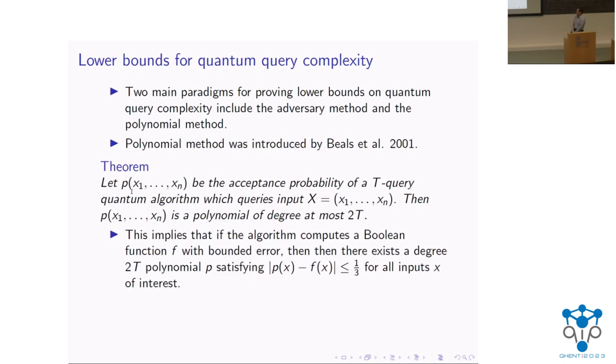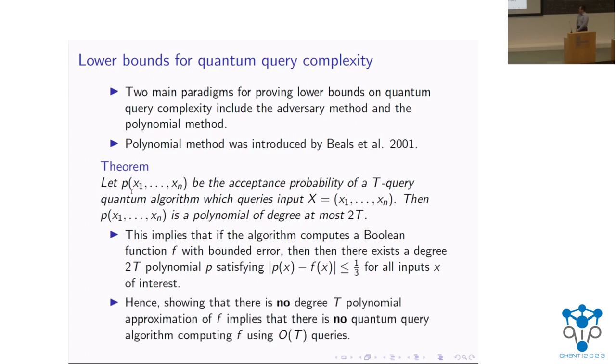So in particular, if you want to lower bound the runtime for some problem, all you have to do is tell me that that problem itself is not approximated by any low degree polynomial. The quintessential example is quantum OR, which is Grover's search, for which you can show there's no polynomial of degree square root of t that approximates it, which gives the Grover search optimality.